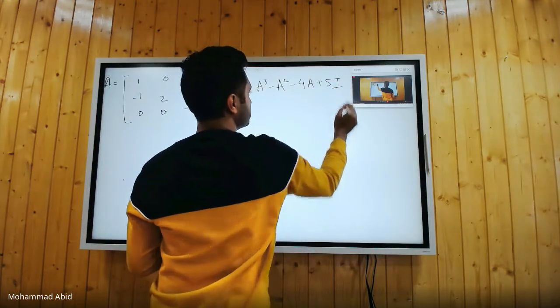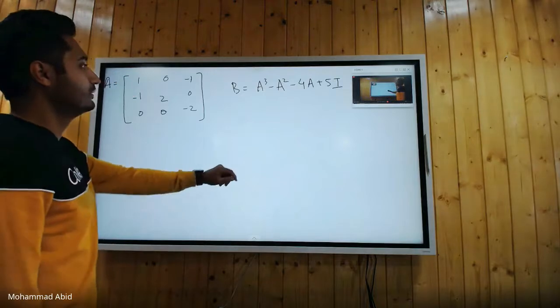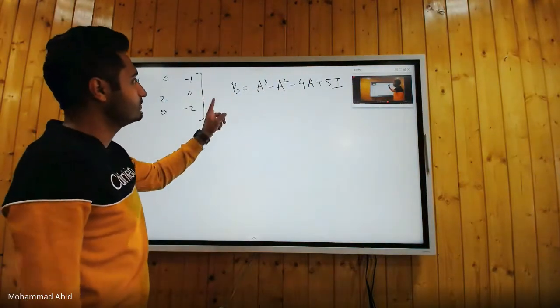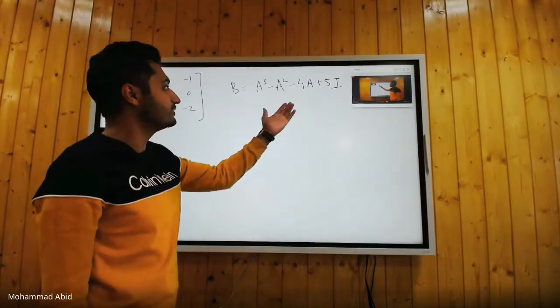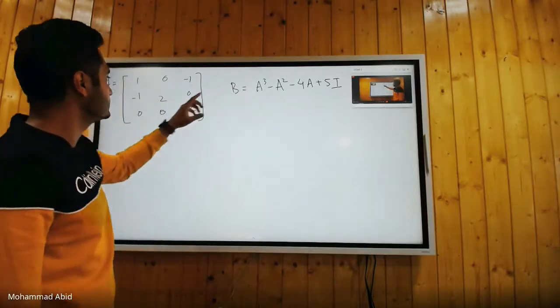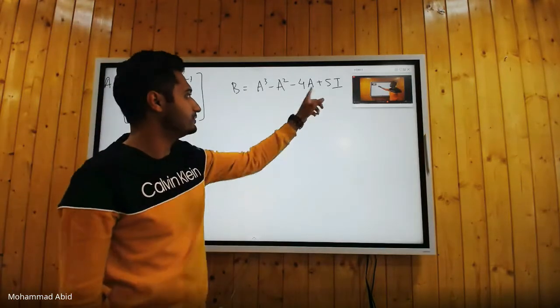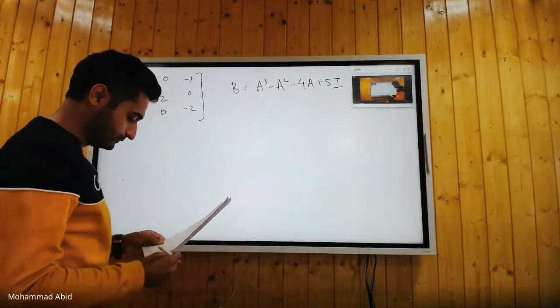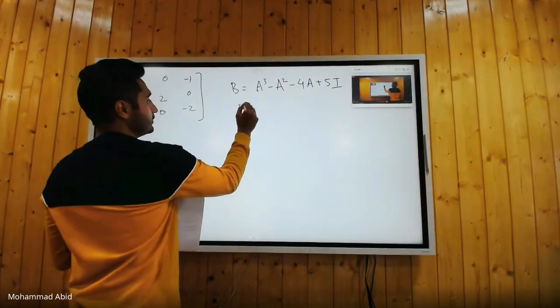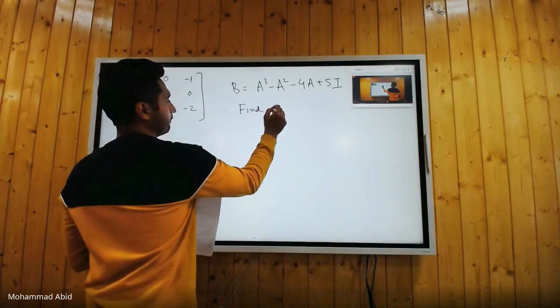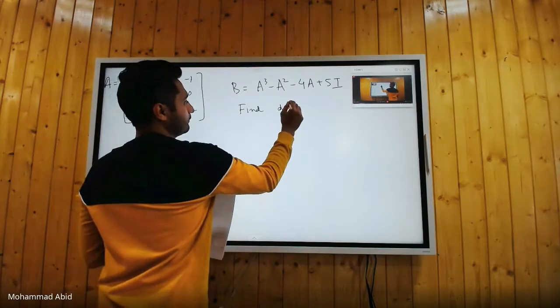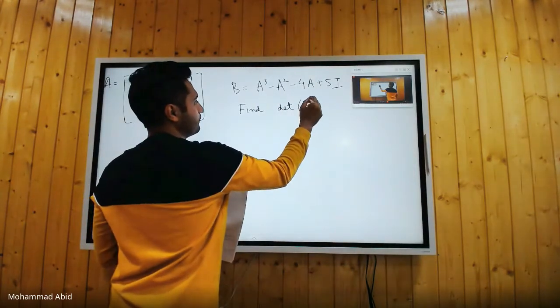So this is a matrix polynomial. B is a matrix and its value is A cube minus A square minus 4A plus 5I, where A is this and I is the identity matrix. Okay. You have to find the determinant of B.